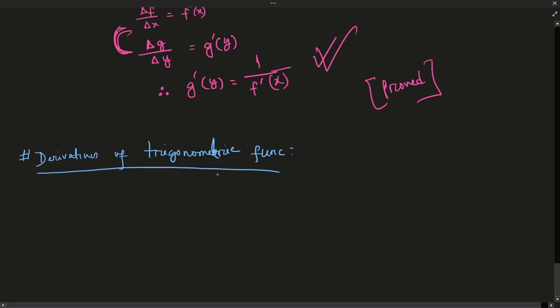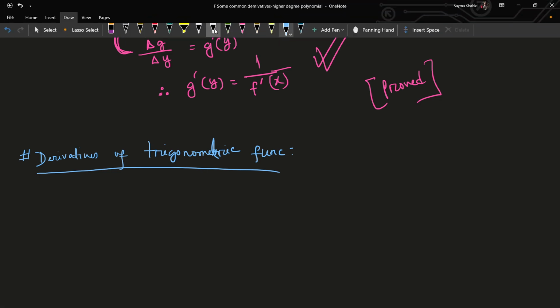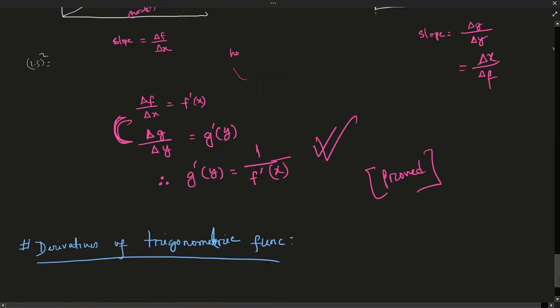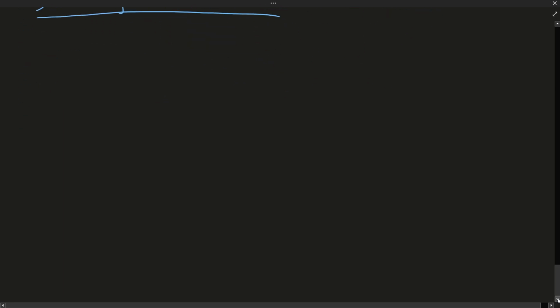Suppose we have a function sin y, so f of x will be sin x.